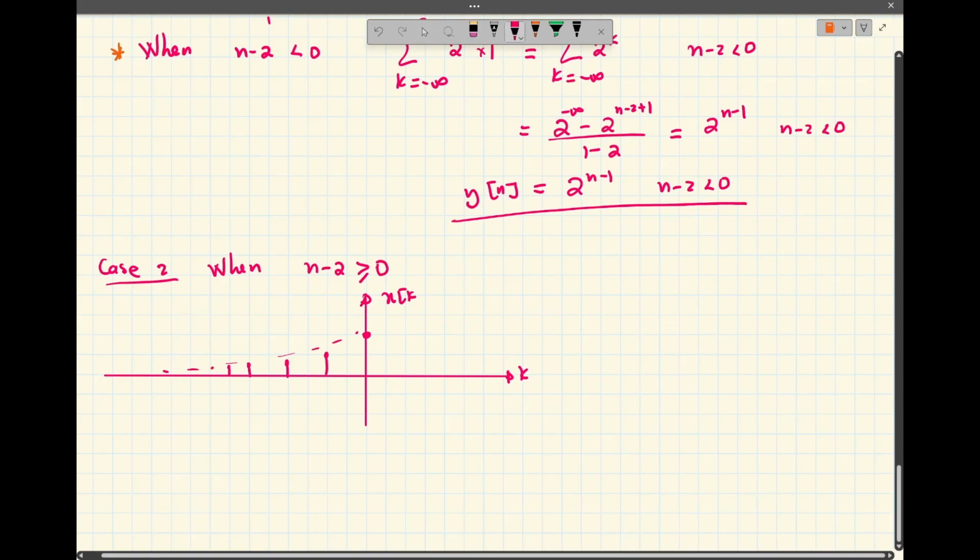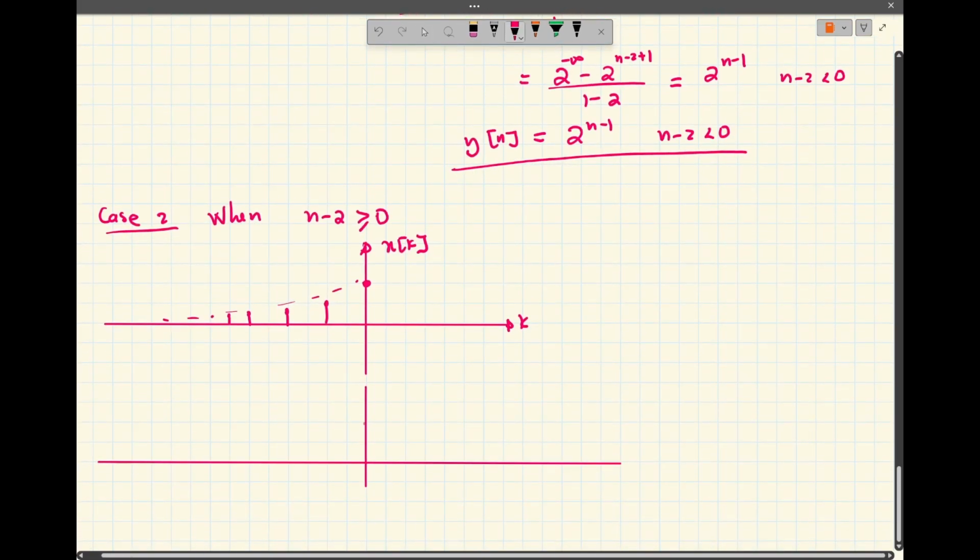And then the h is going to be this: n minus 2, n minus 3, n minus 1, and so on.